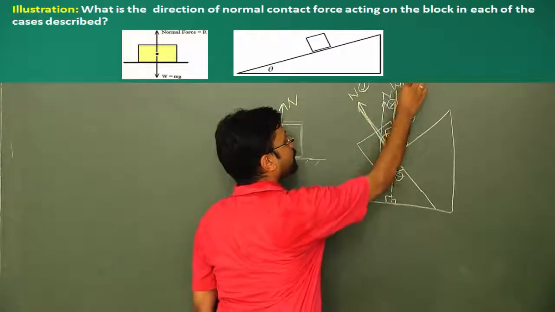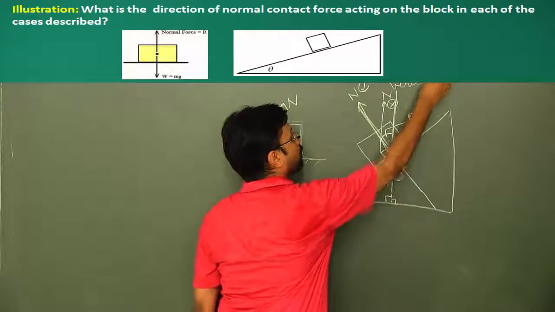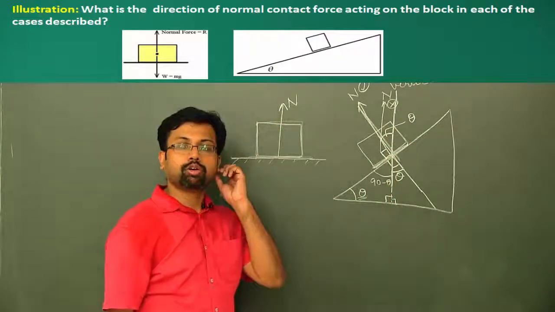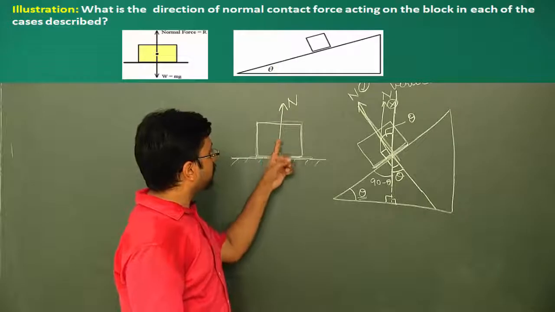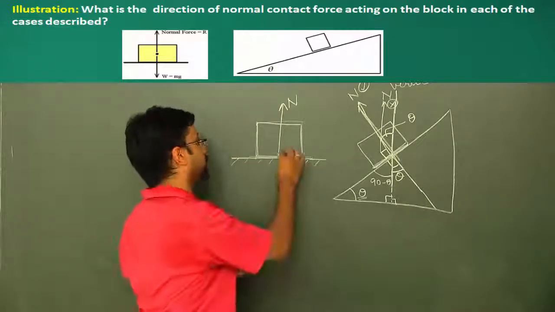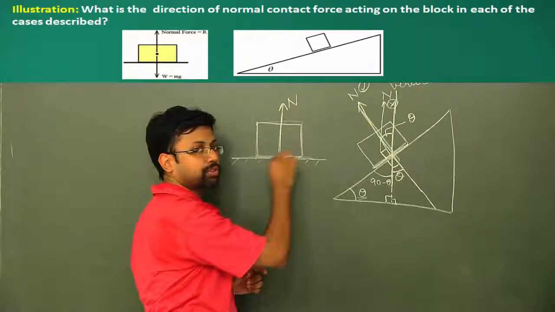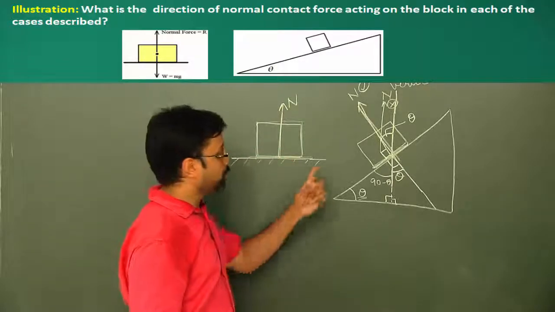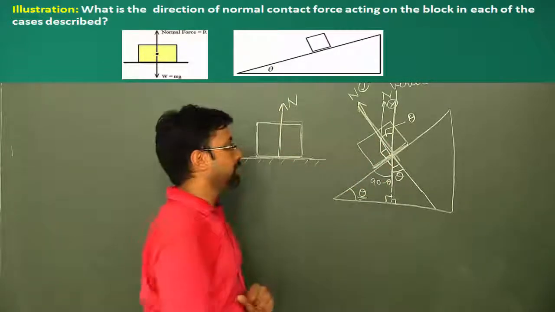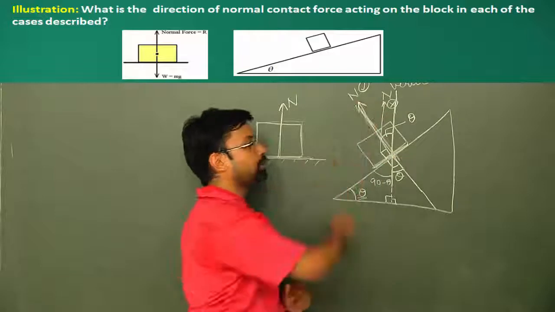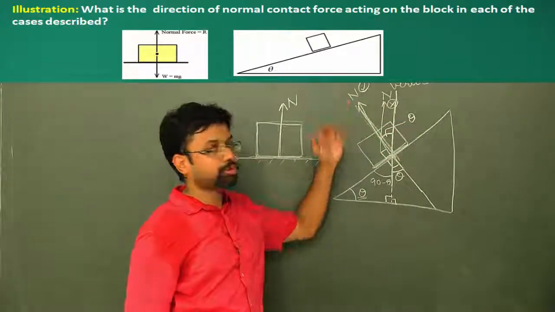This is the vertical direction. It may or may not be the direction in which the normal contact force acts. The normal contact force and the vertical direction coincide when the surface is horizontal, not in case of an incline. In case of an incline, it's going to be along the direction perpendicular to the surface of incline.